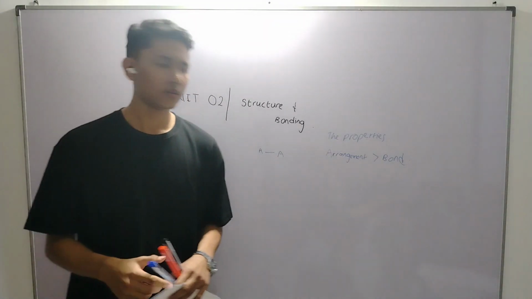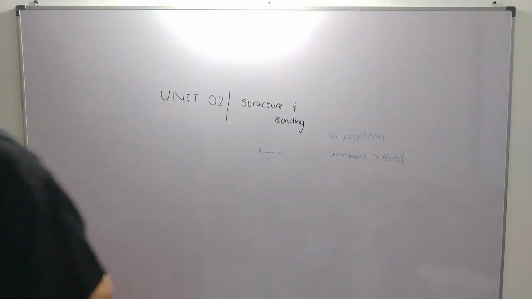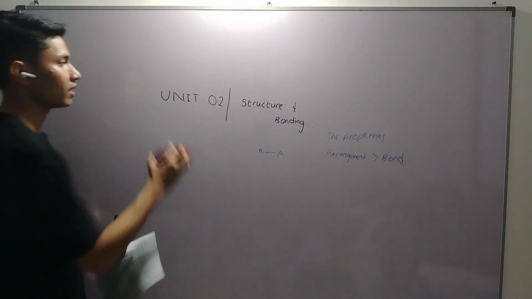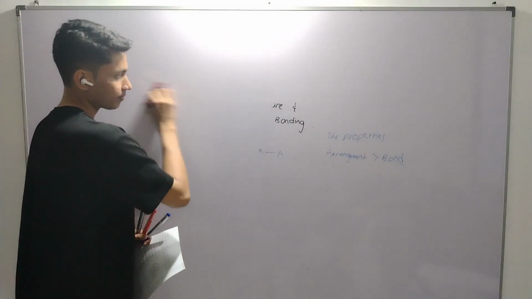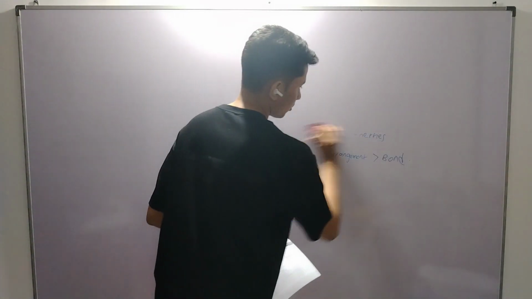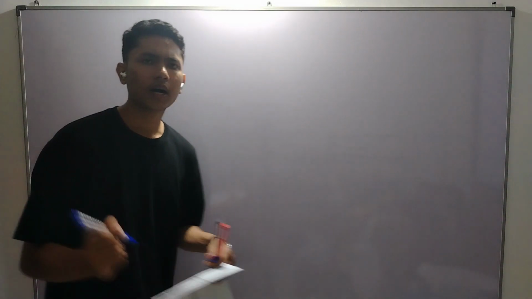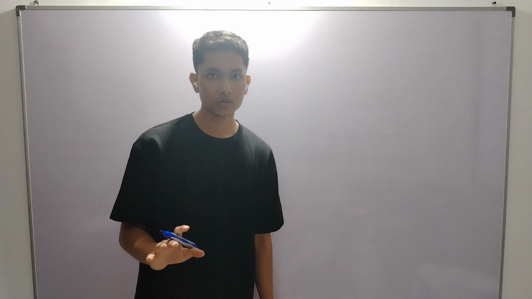So, to emphasize this point, I'll take one example, okay? Now you see, students, you can see diamond and graphite. Those two are allotropes of carbon, okay?